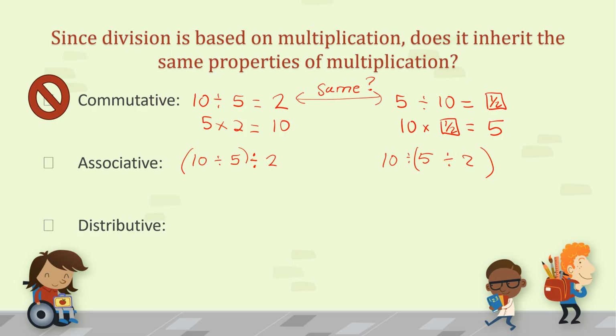Are these two the same? The answer is no, because here 10 divided by 5 is 2, and then 2 divided by 2 is 1. What is this here? 5 divided by 2 is actually 2.5, and then 10 divided by 2.5.